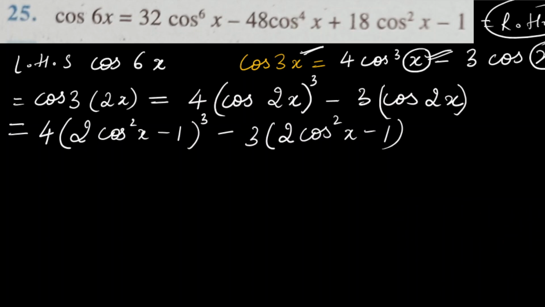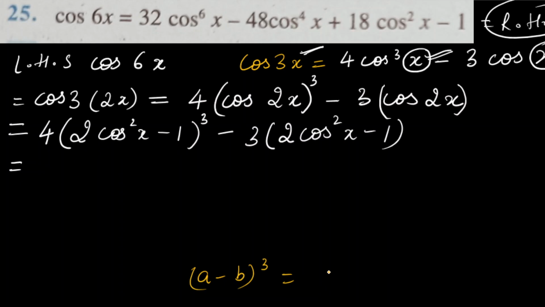Now we'll just simplify it further. So here the whole cube is there, so I have to use the algebraic identity. Here I will write a minus b whole cube, because it is of that form, a minus b, with 2 cos square x minus 1.